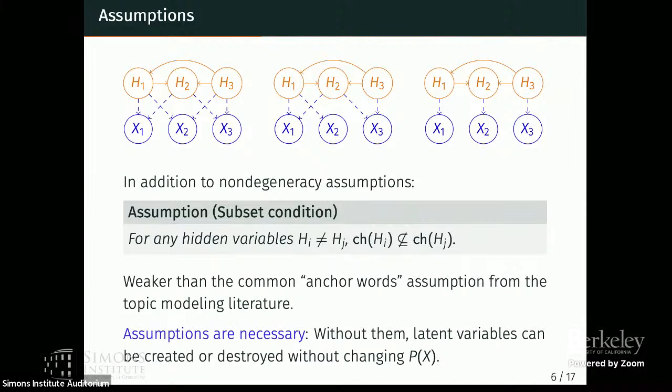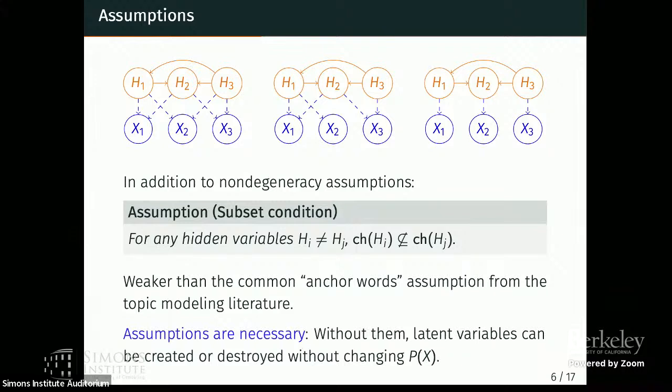Over here on the left, you can see an example of a causal graph that satisfies the subset condition. Here in the middle, this is violated because H3 has X3 as a child, and that is a subset of the children of H2. For those of you familiar with the topic modeling literature and the anchor words assumption, that looks like what we have over here on the right.